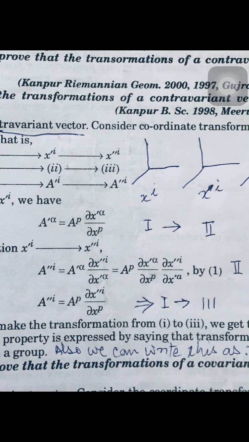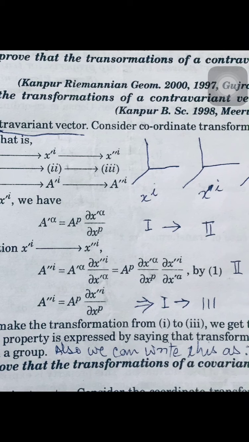So a double dash i is nothing but a p from the earlier equation, ∂x dash alpha over ∂x p, into ∂x double dash i over ∂x dash alpha. So here we see that the numerator and denominator of one component are cancelled, so what remains is a double dash i equals a p ∂x double dash i over ∂x p.